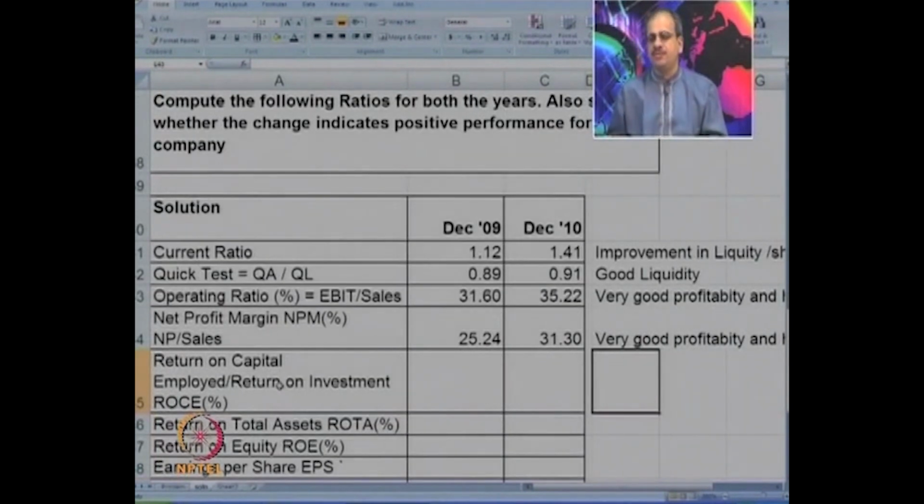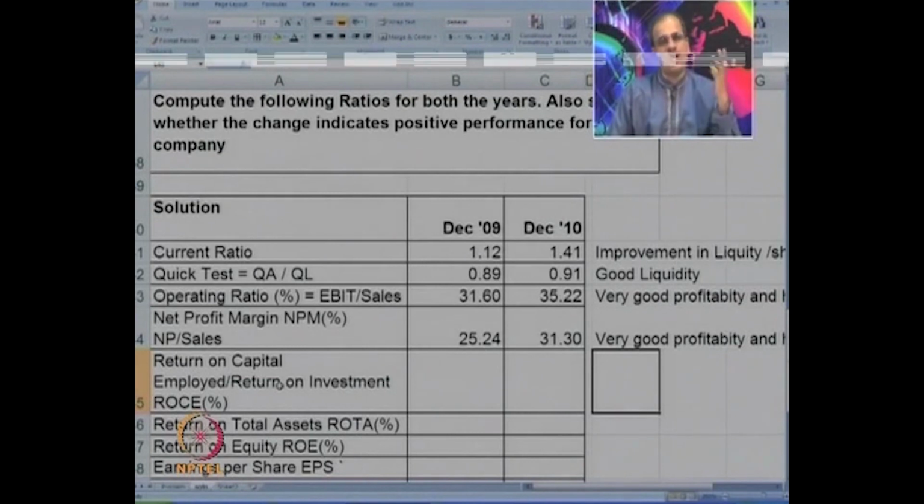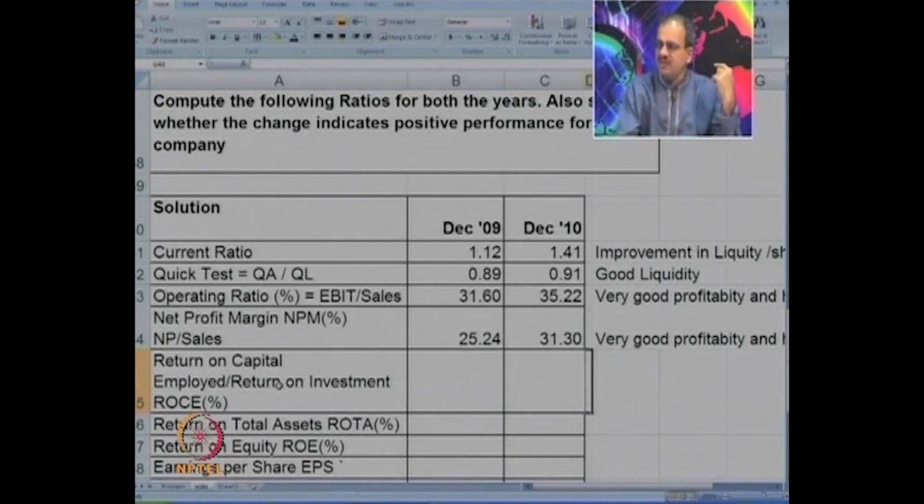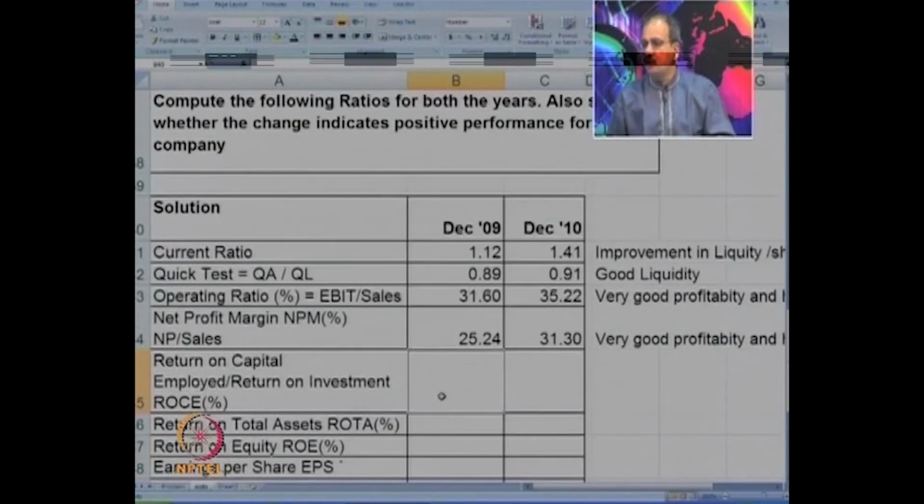Okay. Next one is return on capital employed or return on investments, popularly known as ROC or ROI. Here we are trying to see what percentage of profit is earned on the money invested in the business. So, what is the formula?